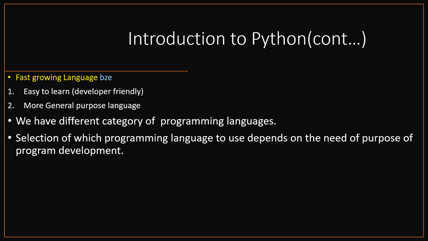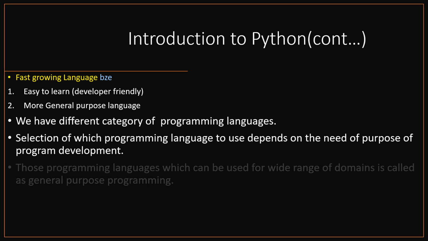Though Java can be used, though other programming languages can be used, C and C++ are best. Similarly, when it comes to data science, machine learning and AI, Python is definitely the powerful tool for that. So whenever you have to select which programming language to use, it totally depends on the purpose of program development.